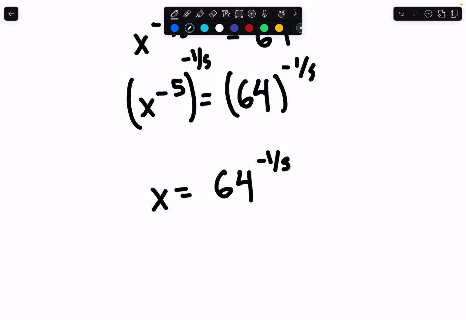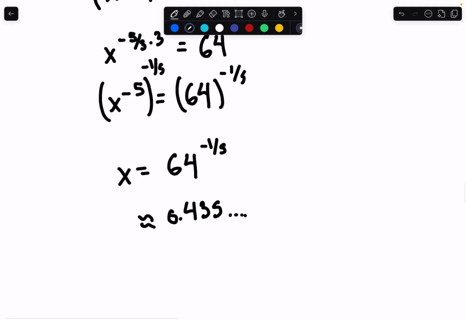Now this doesn't look like a super clean answer. And when we punch it into our calculator, give me 1 second to do that, we see that this is actually equal to approximately 0.435. So it doesn't give us quite a clean answer.